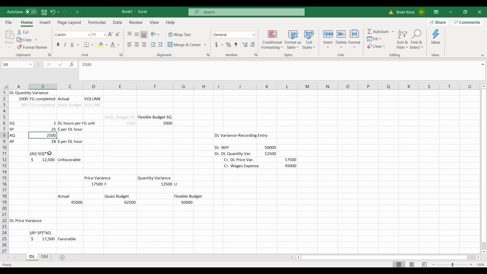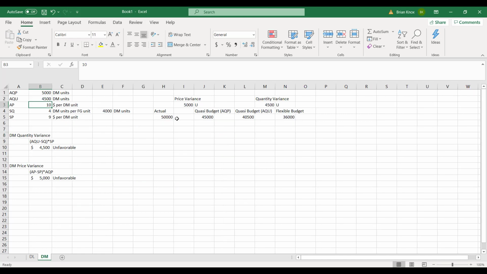But if we go back to our direct labor, remember we had the cheaper labor that perhaps was a little less skilled, a little less experienced, and so their downward pressure on the quantity variance was so great that we saw no benefit from having the higher quality direct material that will fall apart less and fail less on the factory floor. They failed so much more that we still had an unfavorable quantity variance.